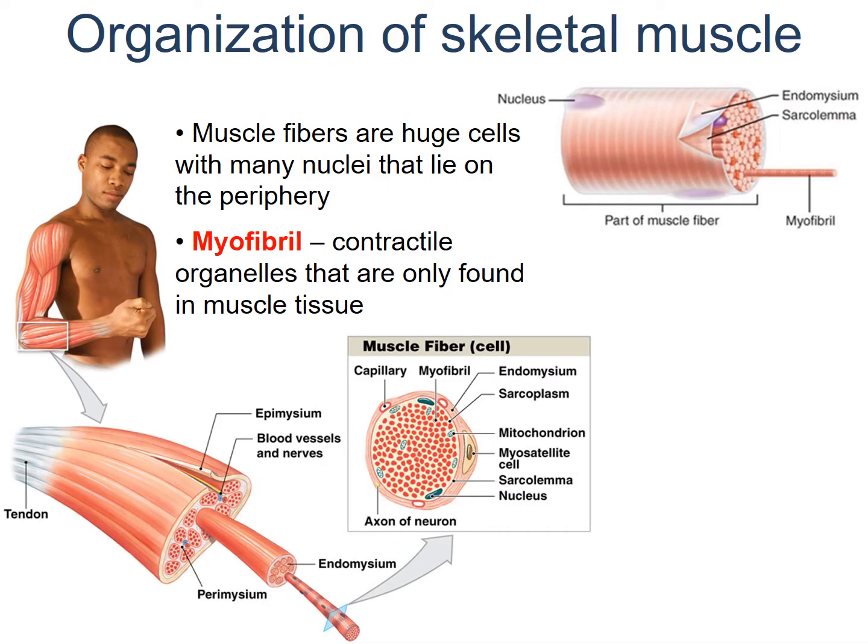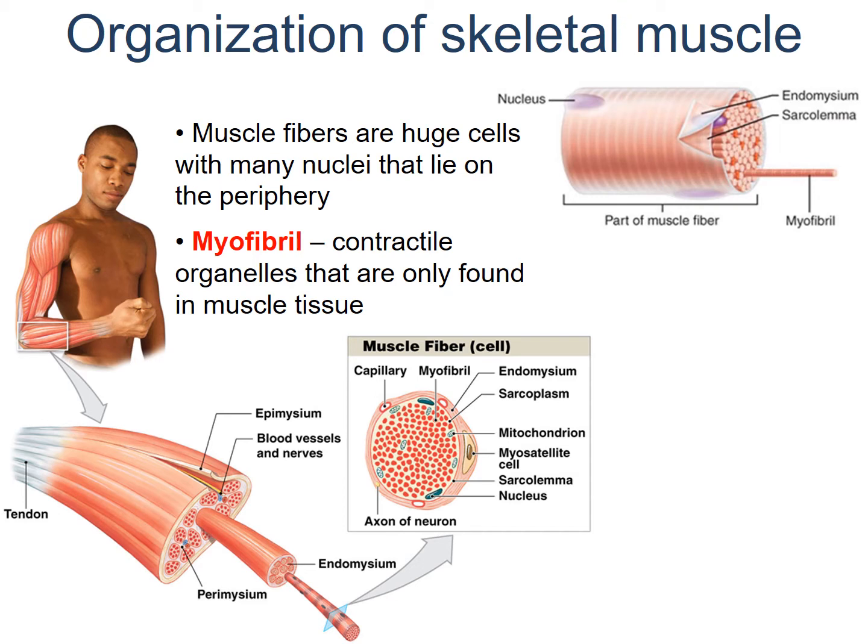Alright, so our goal for today is to begin to look at the anatomical structure inside of the skeletal muscle fiber. We want to start with this organelle called the myofibril. The myofibril is a special organelle. It wasn't in chapter 3 when we learned about the nucleus and the Golgi apparatus.